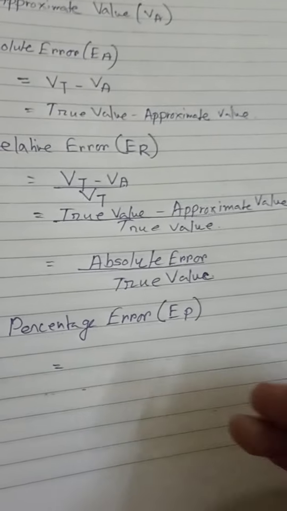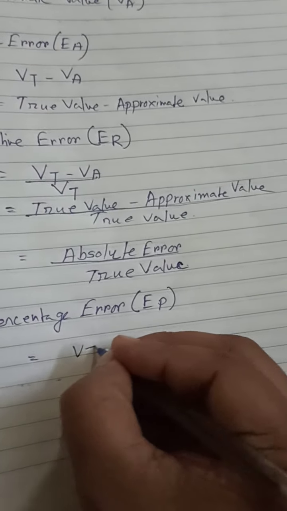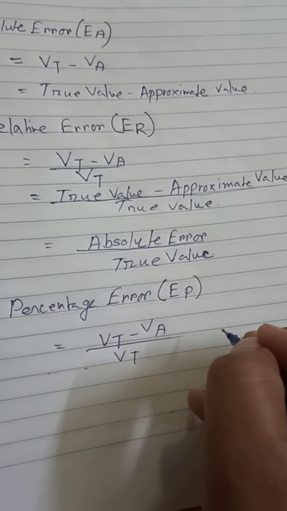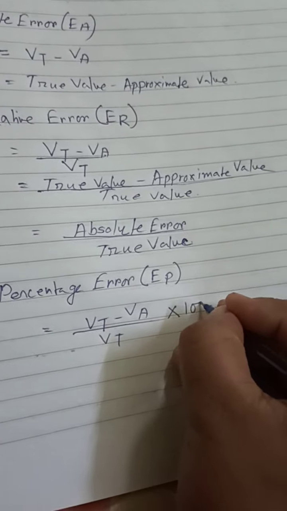Next comes percentage error. Percentage error is basically (Vt minus Va) by Vt into 100.